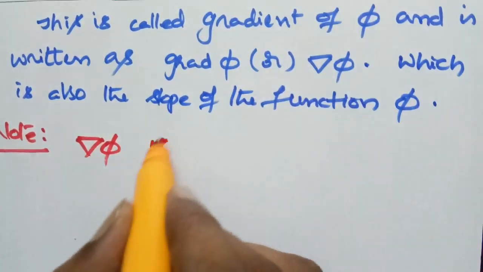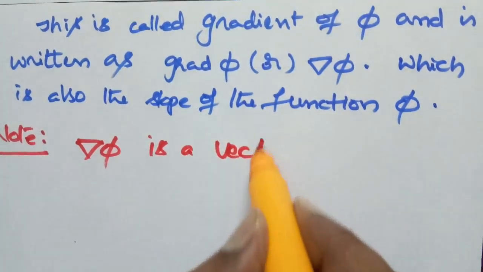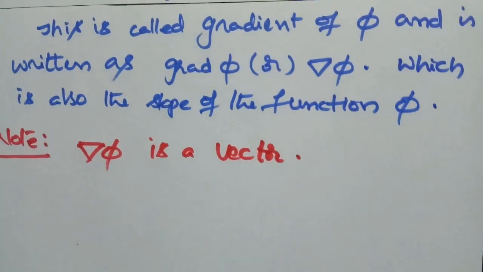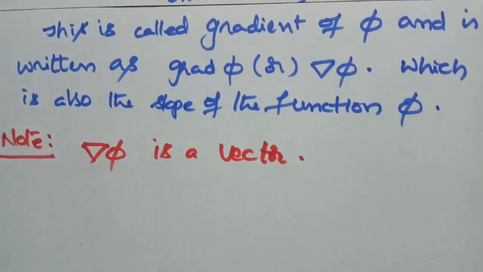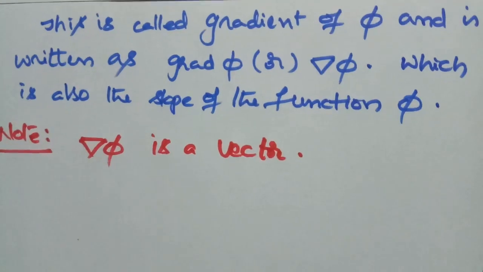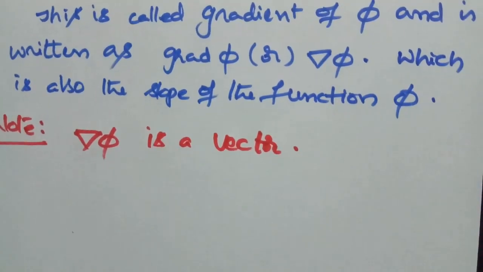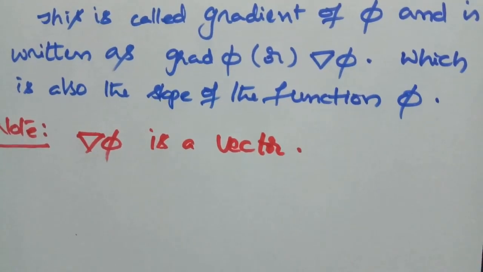Del phi is a vector valued function as it has i bar, j bar, k bar, and dou phi by dou x, dou phi by dou y, dou phi by dou z are the components of i bar, j bar and k bar respectively.